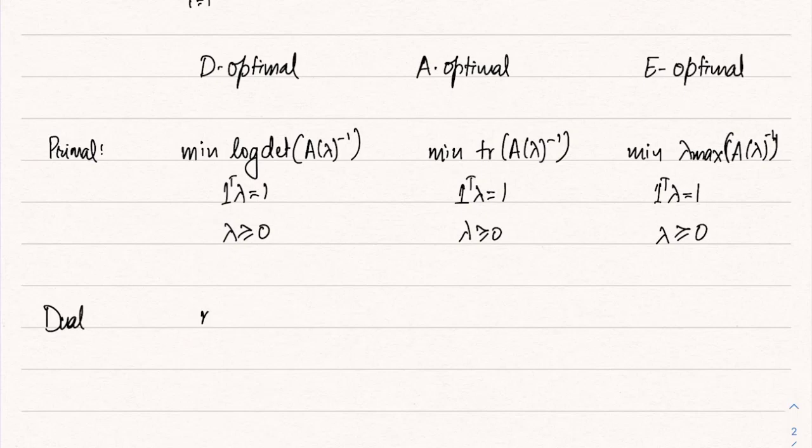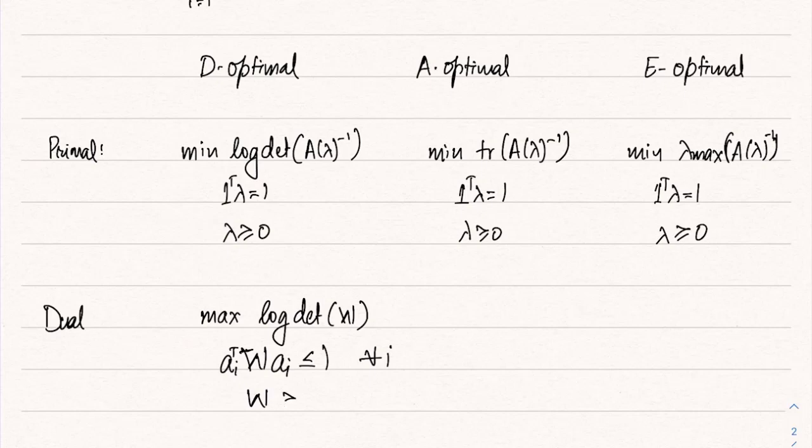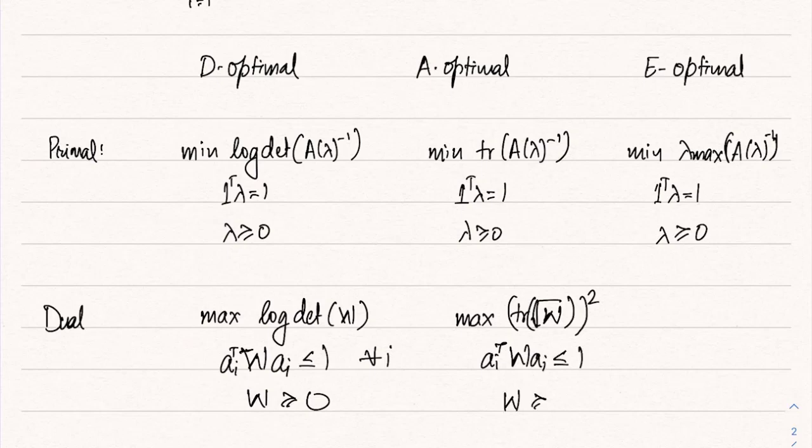So in this case the dual was maximize log determinant of w subject to ai transpose w ai less than or equal to 1 for all i, and w positive semi-definite. In the A-optimal case, the objective is maximize trace of square root of w, and you could say the square of the whole thing, with ai transpose w ai less than or equal to 1, w PSD.